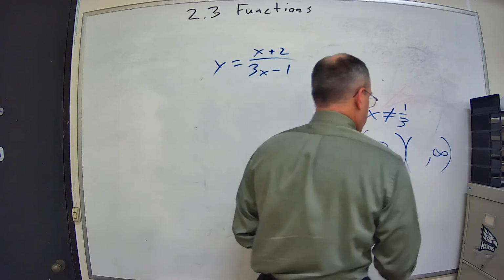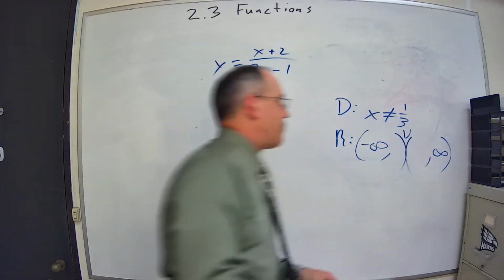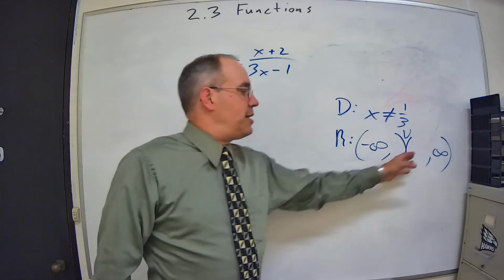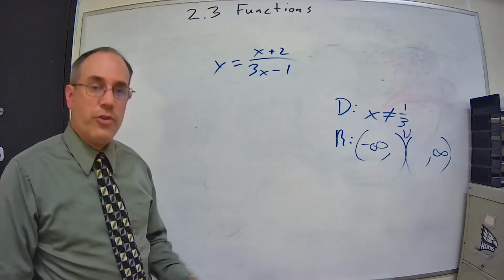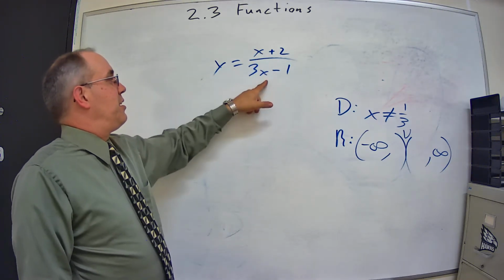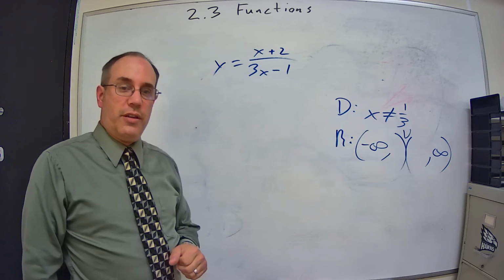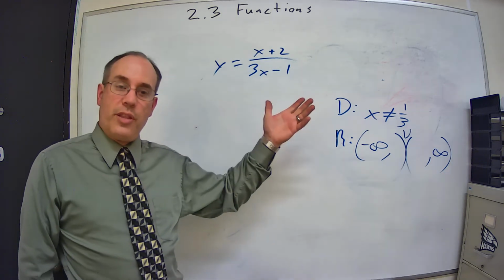The question is, I should put a little u in there, right, for union. The question is, is there some discontinuity there? You would think that there would be, because if you can't allow the domain equal to 1/3, then you'd think there would be something that relates to that.